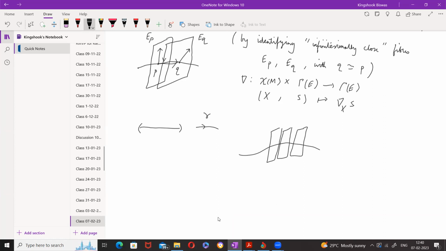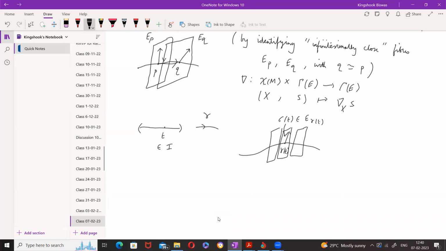Okay, so that means for any point t in I, sigma t is going to be a vector in the fiber of E at gamma t.